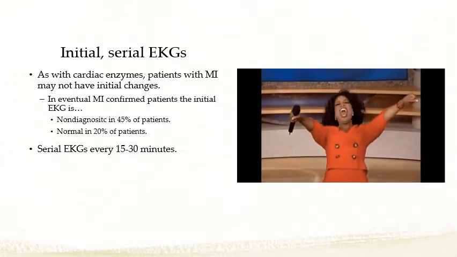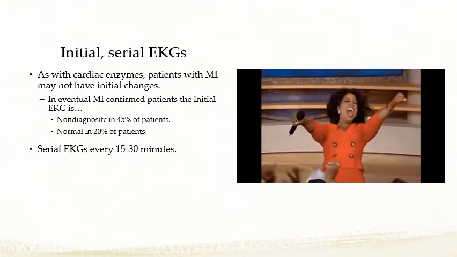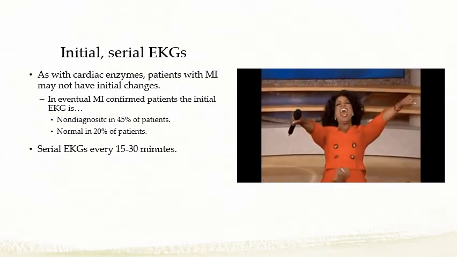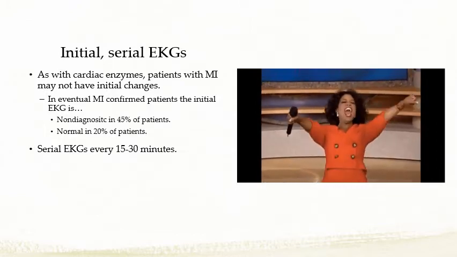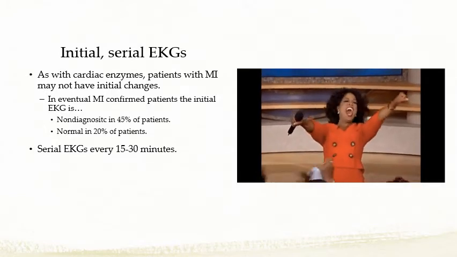Patient comes in with chest pain, you put an EKG on them, almost half of the time it's non-diagnostic in patients that eventually will be diagnosed with an MI. I'm not talking about patients who come in period with chest pain, the ones that actually end up being diagnosed with an MI. Half of the time they don't have a positive EKG with their first one.